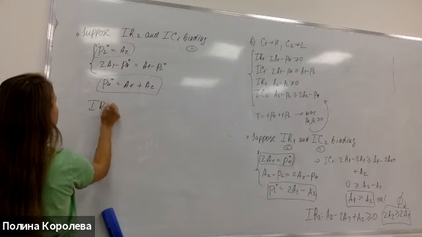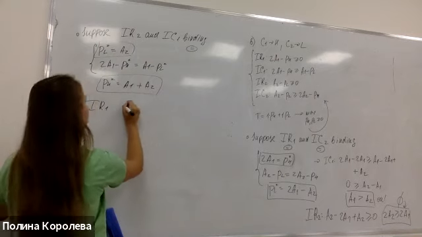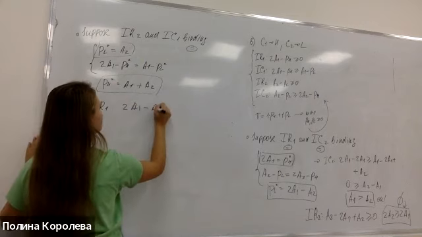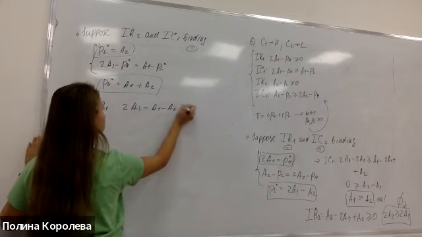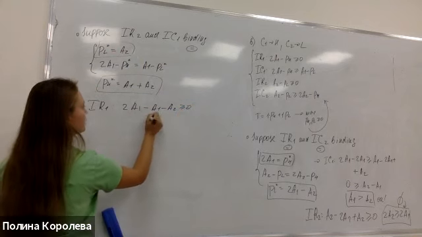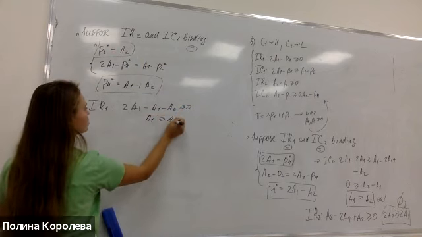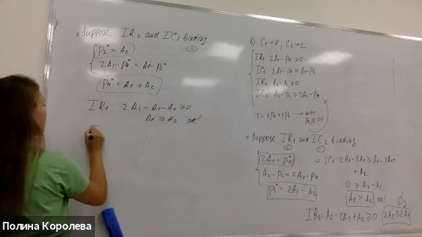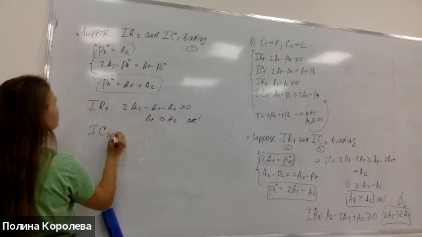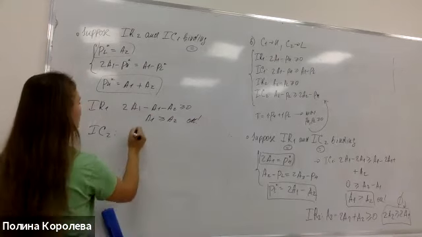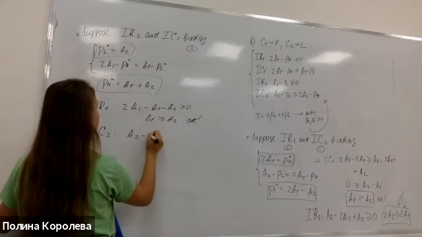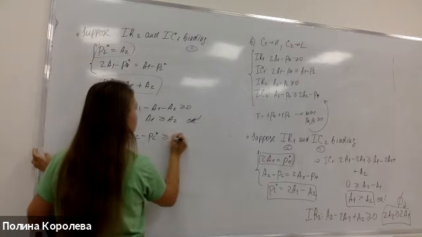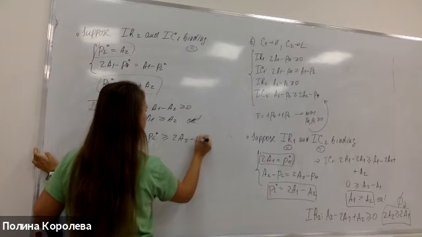Individual rationality for the first: 2A1 minus BH star, minus A1 minus A2, should be greater or equal to 0. Check. A1 greater or equal than A2. This is okay. Yes, that's true. IC2: 2A2 minus BL star greater or equal than 2A2 minus BH star.